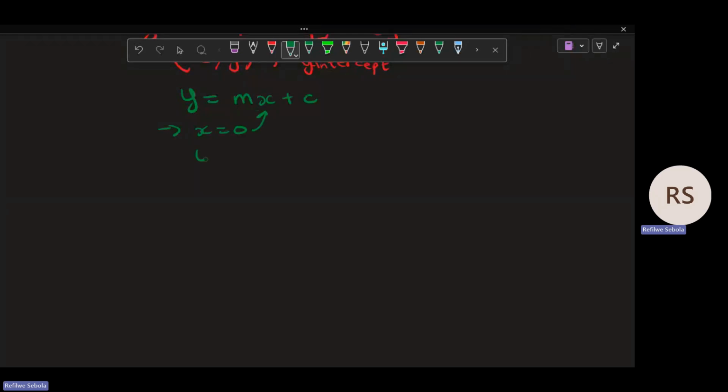Then we have y equals m into 0 plus c. So that is to say y equals c. In other words, the c in our equation represents our y-intercept. If we use the equation y equals ax plus q, then q represents our y-intercept.